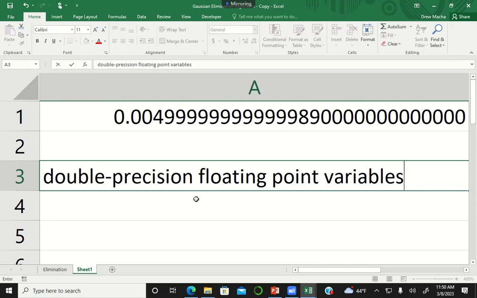So instead, since we can't have 0.005, Excel just gives us the number that's closest to it in the set of all numbers that you can store using this scheme called double precision floating point.